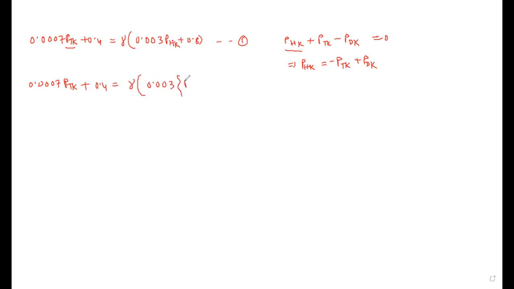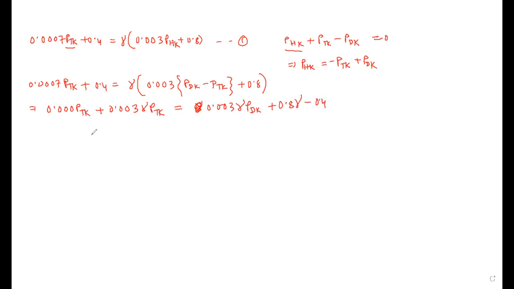So this is K. So this is PDK minus PTK plus 0.8. Okay. So then bring all the PTK on one side. So this is 0.0007 PTK plus 0.003 gamma PTK equals 0.003 gamma PDK plus 0.8 gamma minus 0.4.